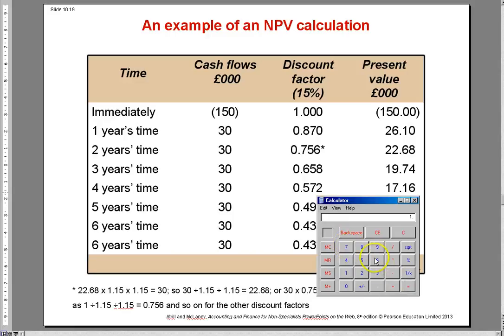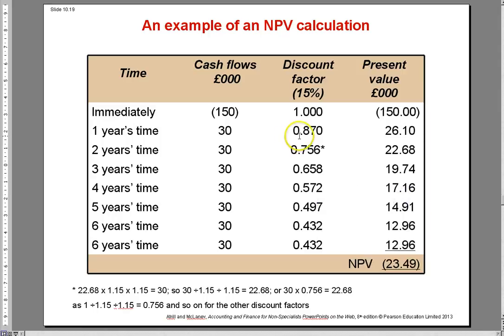So 87 pence, so 0.87 times 1.15 equals £1, more or less. So that's 87 pence, then in 2 years time 75.6, 3 years 65, and so it goes on reducing the further you look into the future.